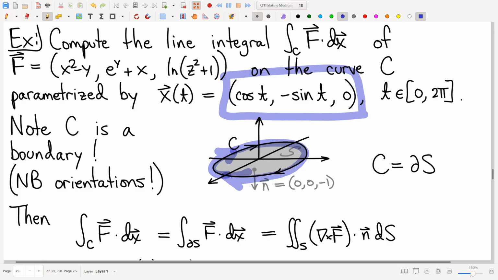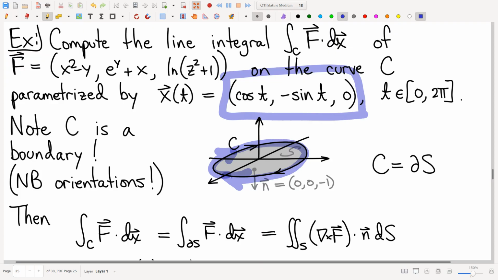Now we just have to ask, is that a boundary? A lot of students make a mistake here. The common mistake is to think, oh, no, that's not a boundary because it's going the wrong way. And I'll say this, it's not a boundary of what you might kind of expect.